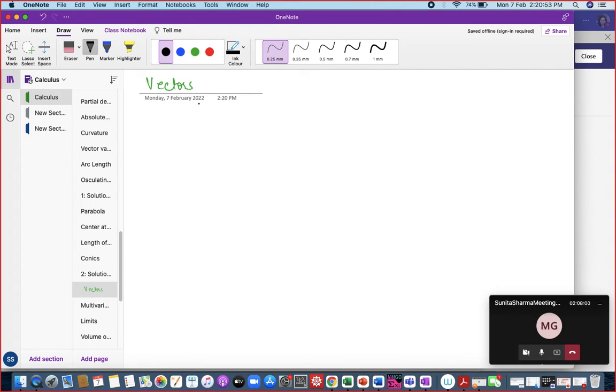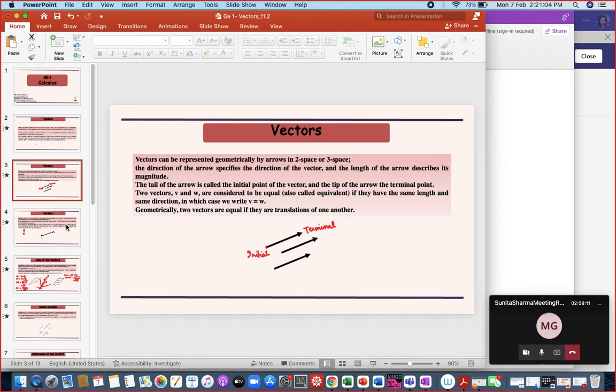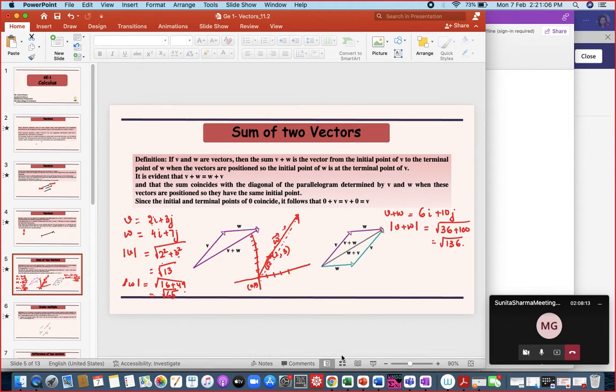See, for a vector w, suppose I take the same expression, 4i plus 7j.